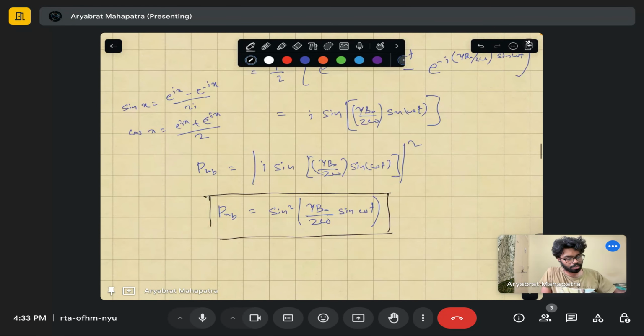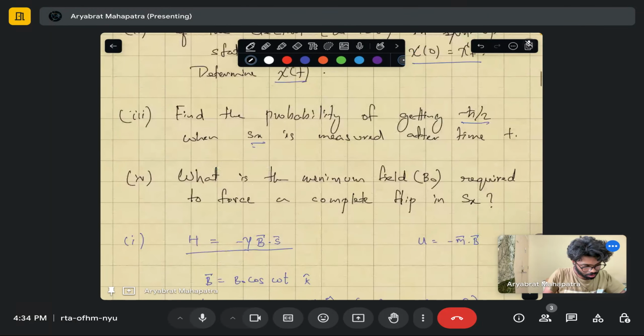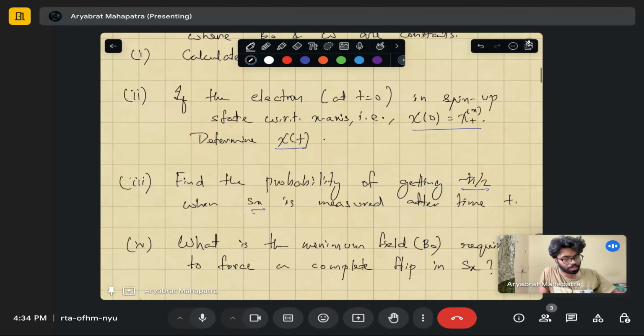The probability which we got here tells us what is the minimum magnetic field required to force a complete flip in Sx. Complete flip in Sx means initially it was in the spin upstate.